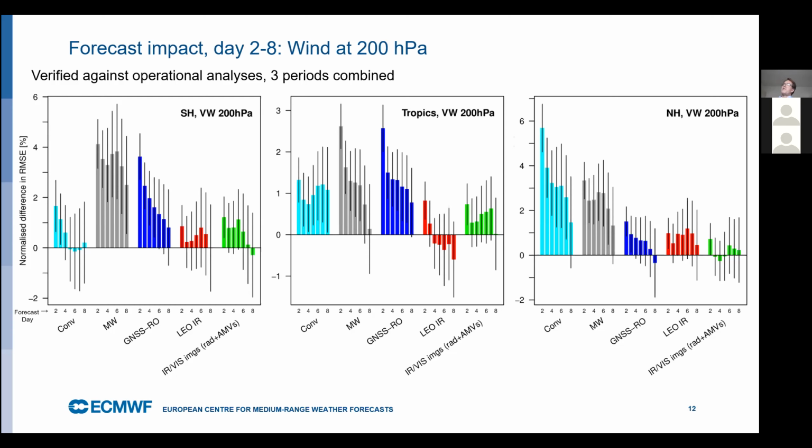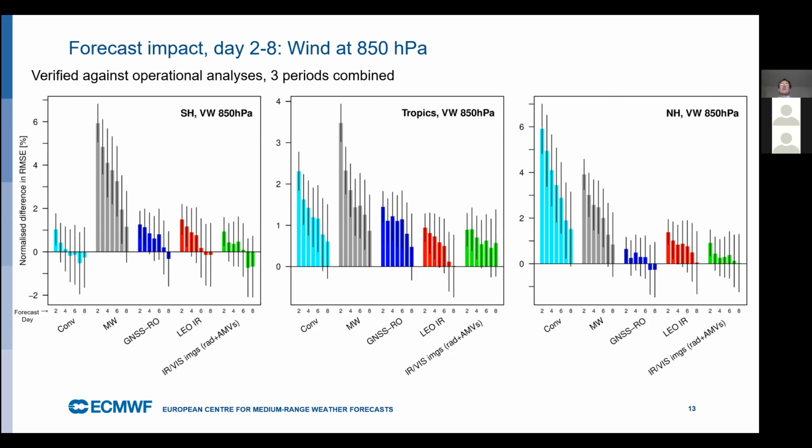Not such a big impact in the northern hemisphere, which I presume is because we've got much better conventional data. The light blue is the conventional data impact, which is bigger in the northern hemisphere than in the southern hemisphere because of the availability of observations. But RO is clearly having a significant impact on the vector wind errors at 200 hectopascals.